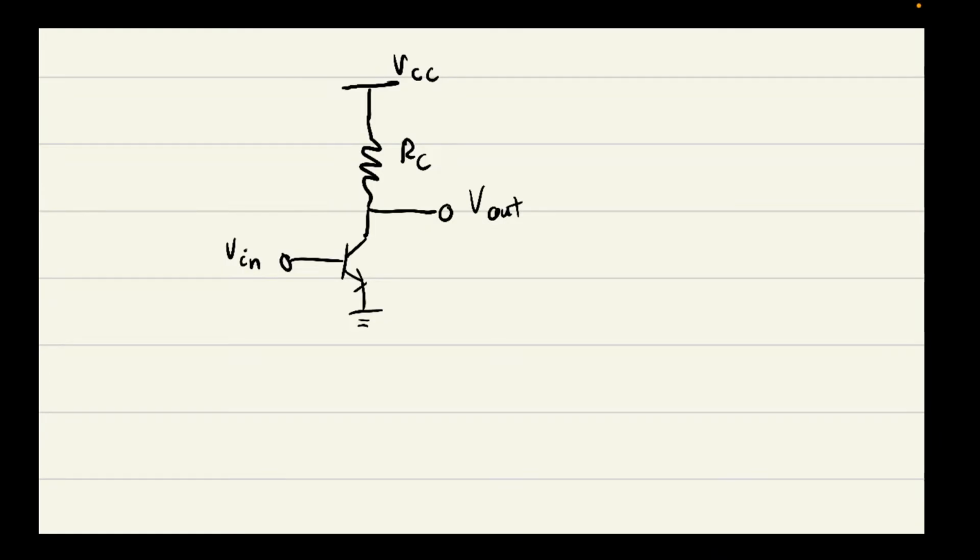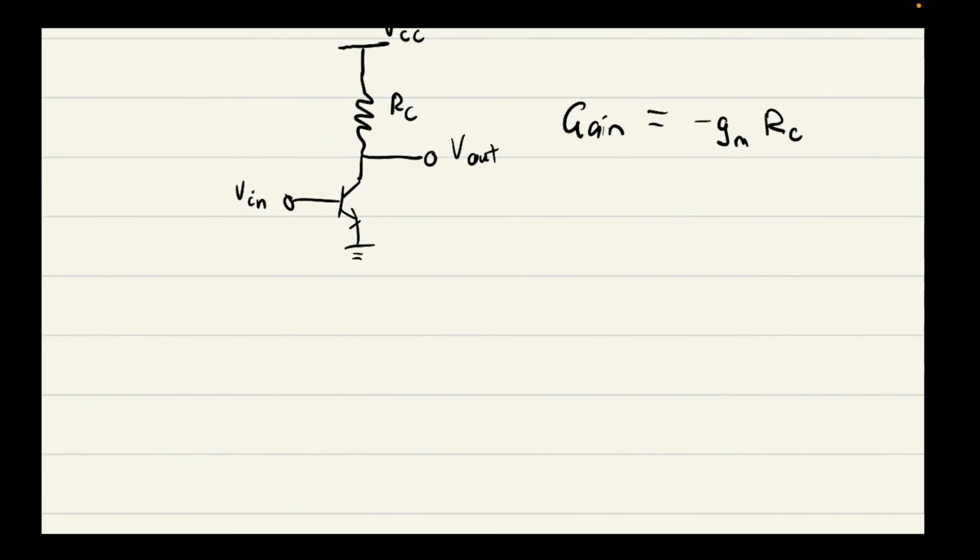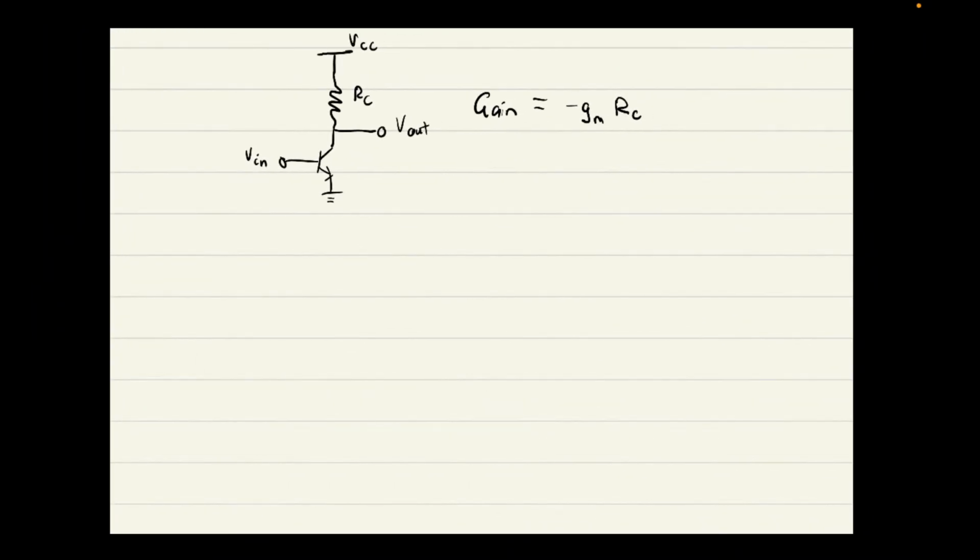You'll see it come up pretty often. Gain equation is minus gmRC. Okay, it's a very, very common result. And I'm going to go through how we're going to derive this now. Okay, so whenever we want to derive something like this, we're not sure, we'll just go straight into the small signal model. Okay, so we got B for here.